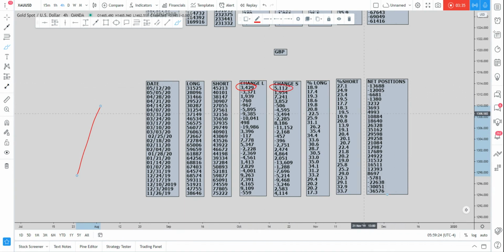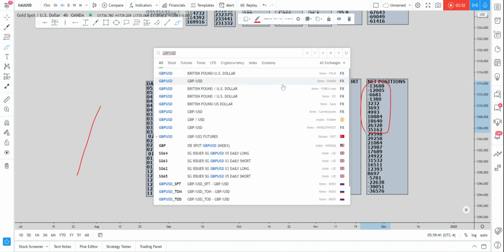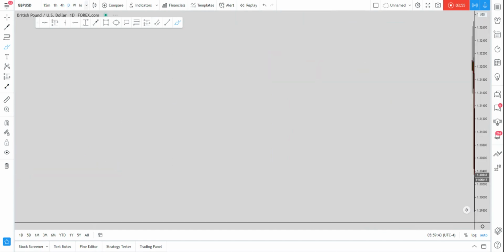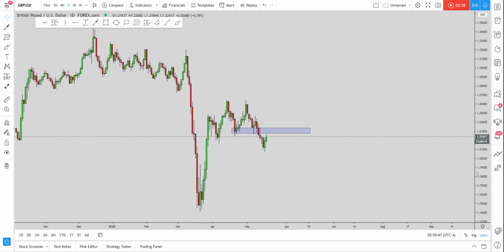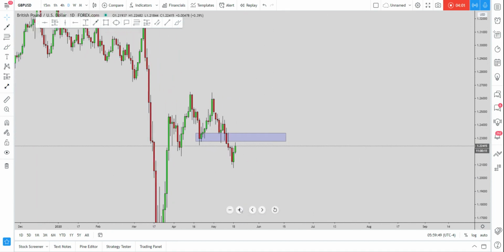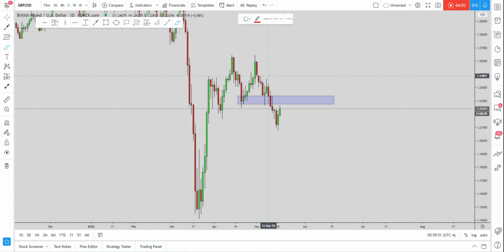But if we look at the bigger picture, we can still see that we went from 35K net positions all the way down to minus 13K. So from having more longs than shorts to having more shorts than longs. So overall, the pound is still pretty weak and we would like to see continuation to the downside. So those long positions getting closed from an institutional perspective and the market to follow to the downside for the completion of this impulse, correction, and impulse pattern to the downside.